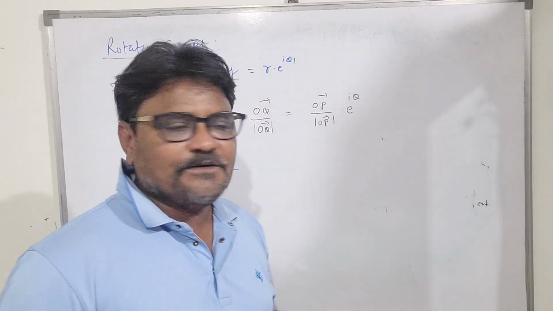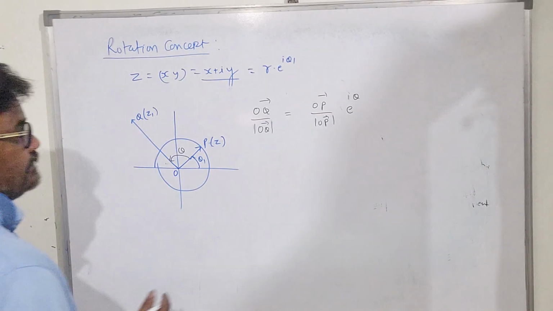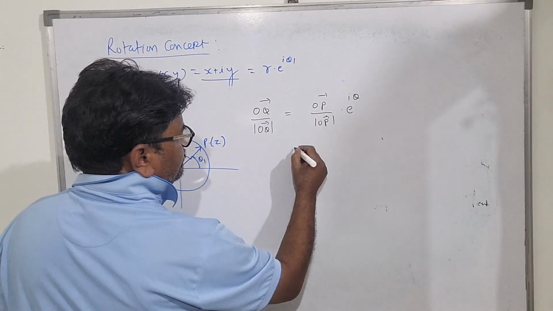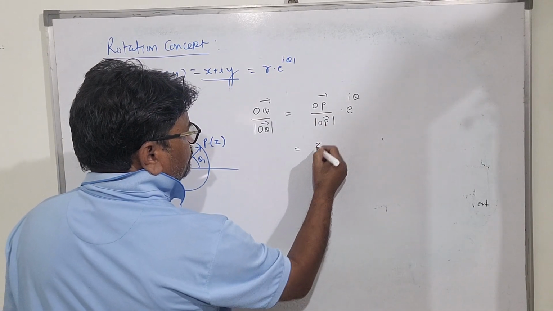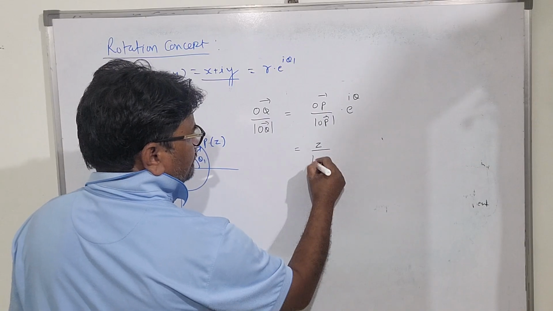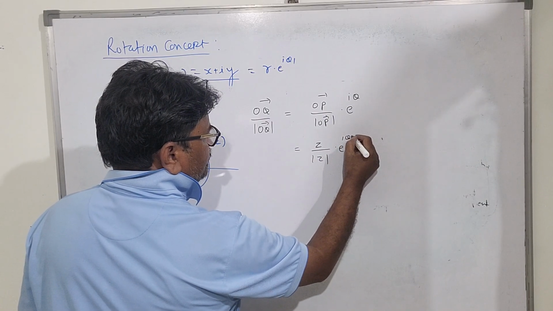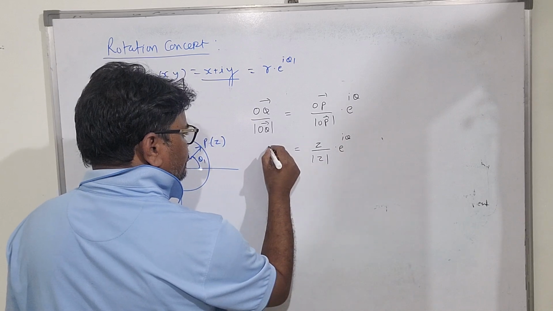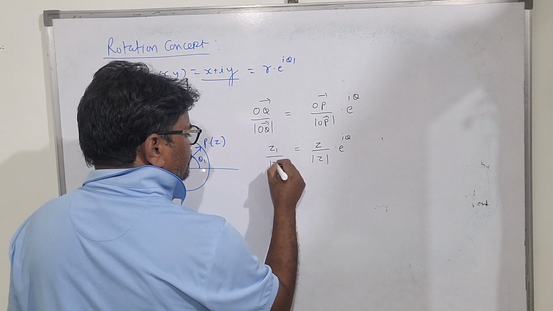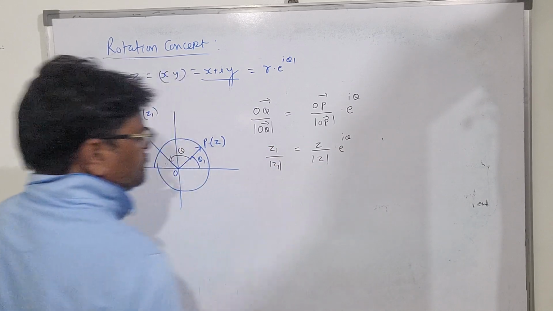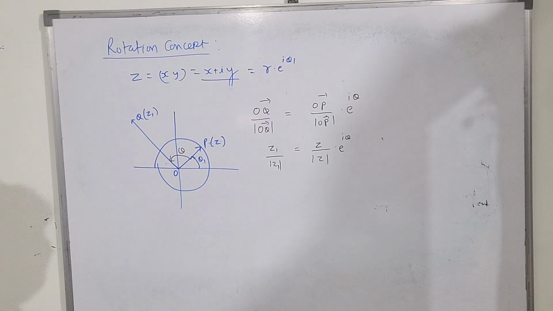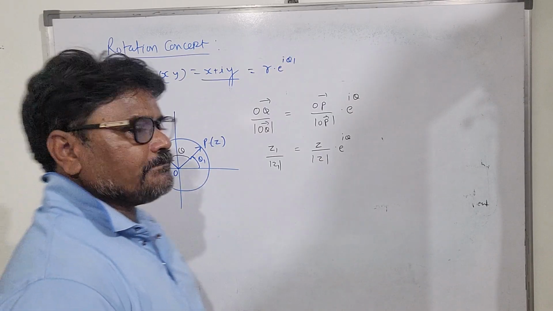Correct? So you can now say that this OP vector, that is the complex number z divided by the magnitude of z, multiplied by e to the power iota theta, gives the complex number z1 divided by the modulus of z1. So this is the second concept of the rotation theorem.